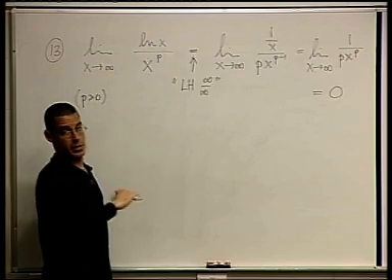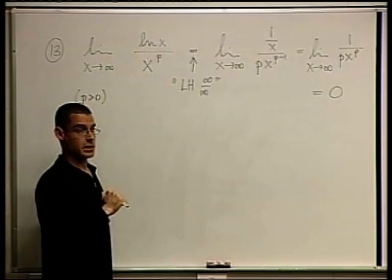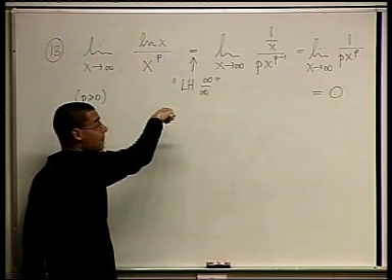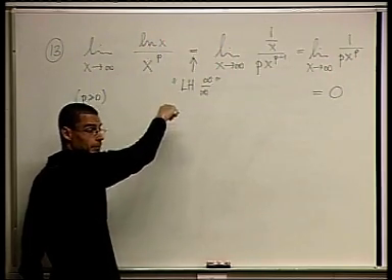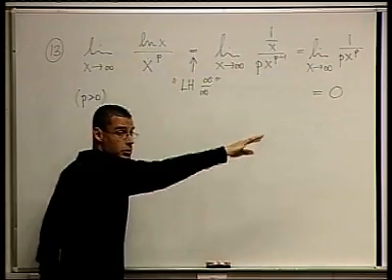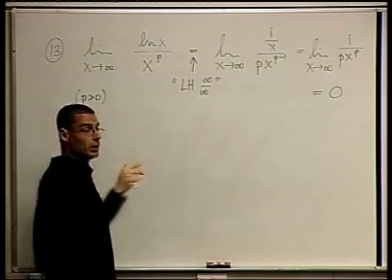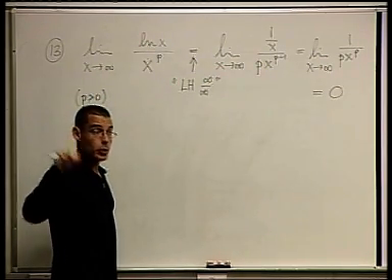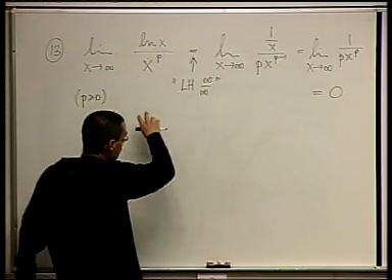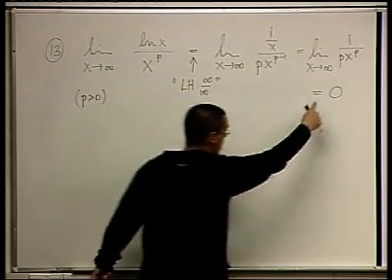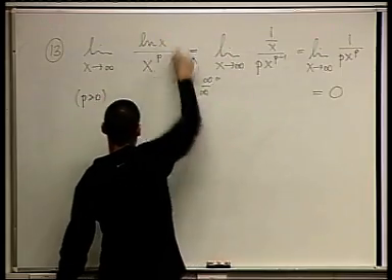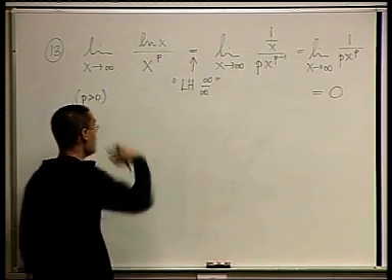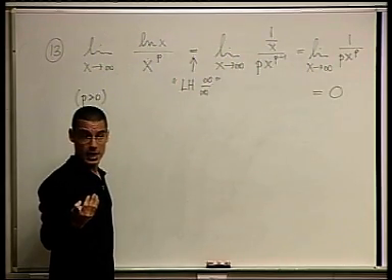Now, this thing is not just an example. This is saying something. What is it saying? This is saying that when you take a logarithmic function and a polynomial and look at the limit as x goes to infinity, the polynomial wins. The polynomial goes faster to infinity than the logarithm, so the limit of the quotient is 0. Do you understand this intuitive interpretation of this fact? Yes?